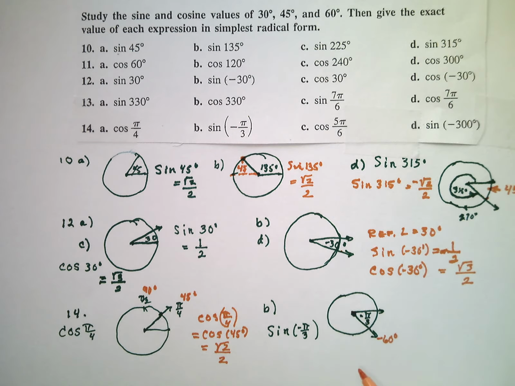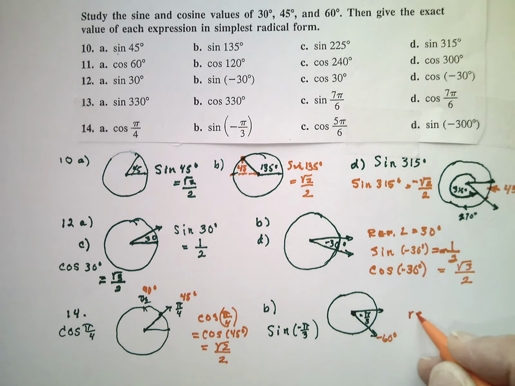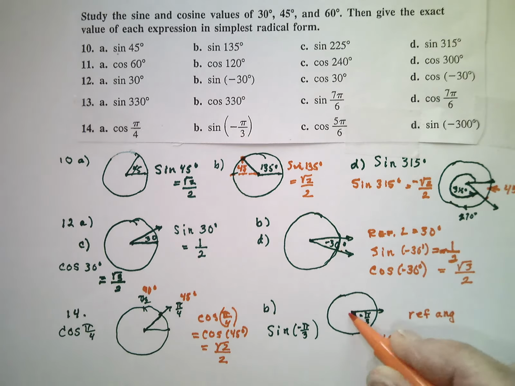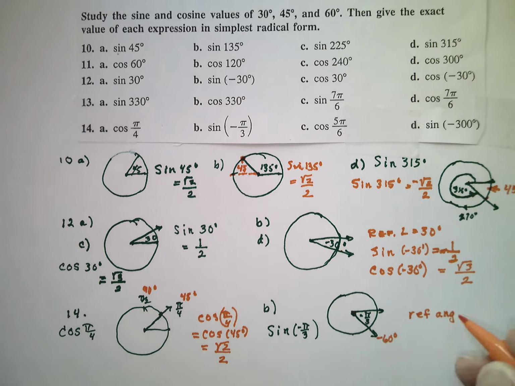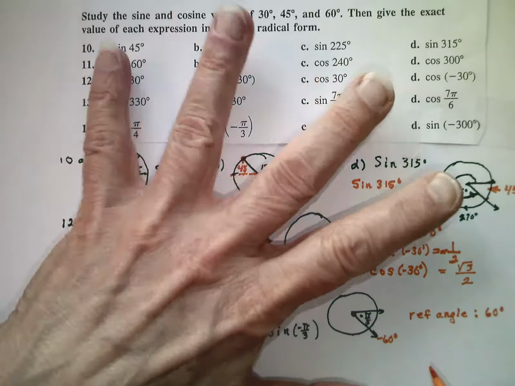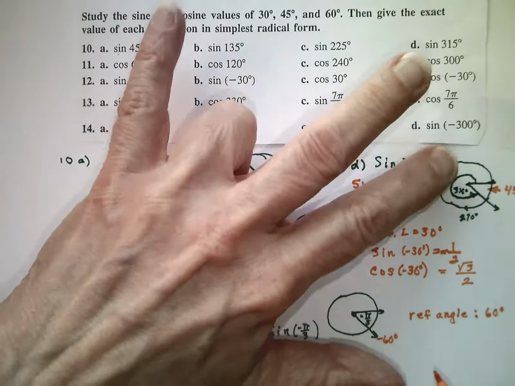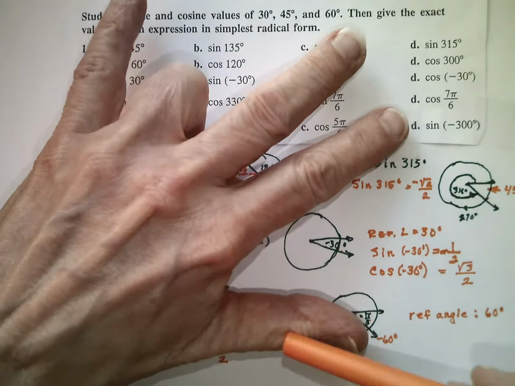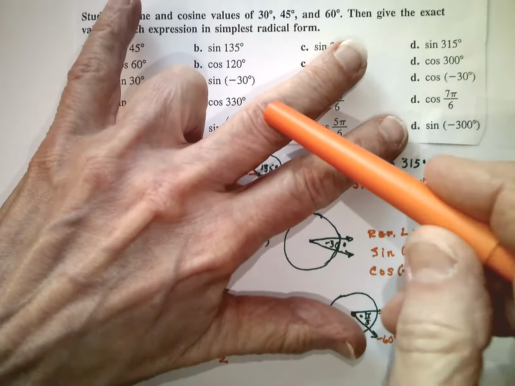Which means we're going to use 60 degrees as our reference angle, because that's between the terminal ray and the x-axis, and it's acute. So the sine of 60 degrees is here. Sine value is coming up this way.